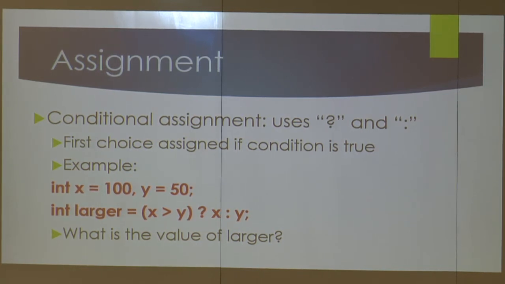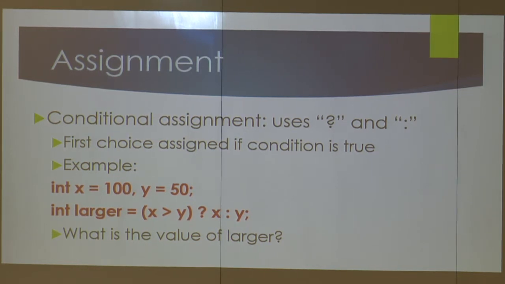and so we're setting larger to one of two values. So in the parentheses, we have x is greater than y, so that's the condition being evaluated, and the question mark shows us that we have to evaluate if this condition is true. And so if the condition is true, x is assigned to larger, and if it's false, y is assigned to larger.